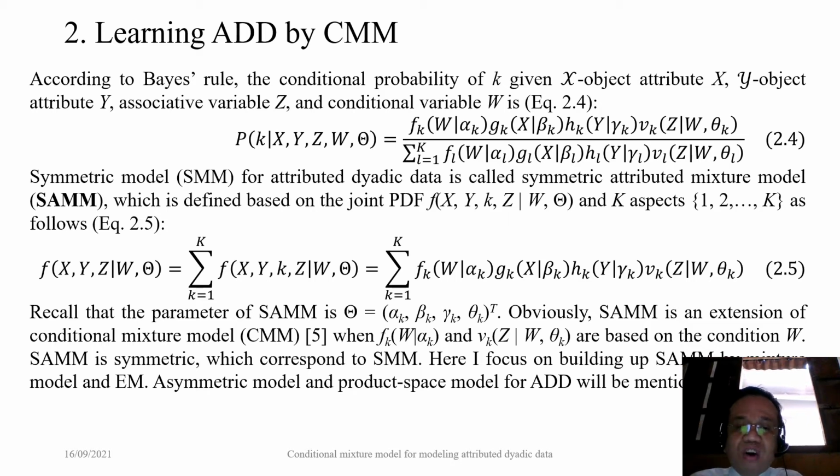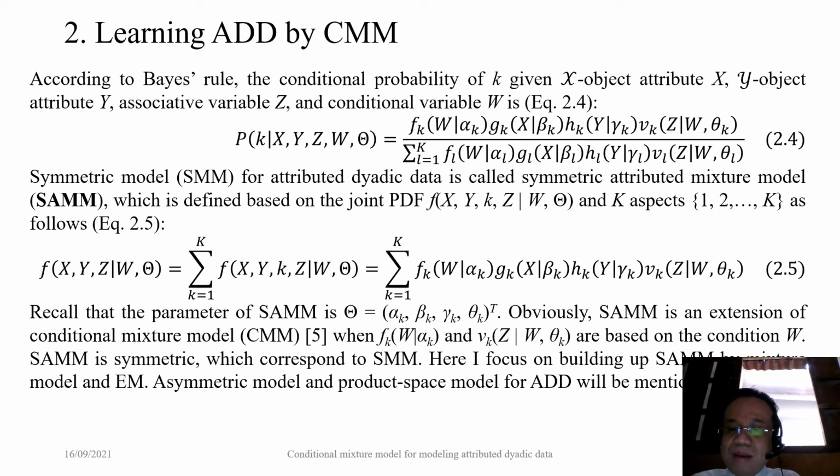The symmetric model SMM for attributed dyadic data is called the symmetric attributed mixture model, SAMM, which is defined based on the joint PDF and k according to equation 2.15. Recall that the parameter of AMM is theta.